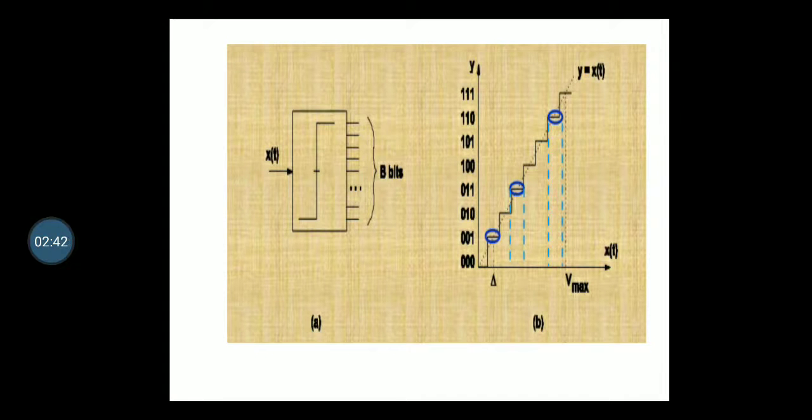The analog quantization size can be 1.25 volt. Look at the diagram of the A to D conversion. For a given input x of t, we get an 8-state output. This is the process of quantization represented in the diagram.